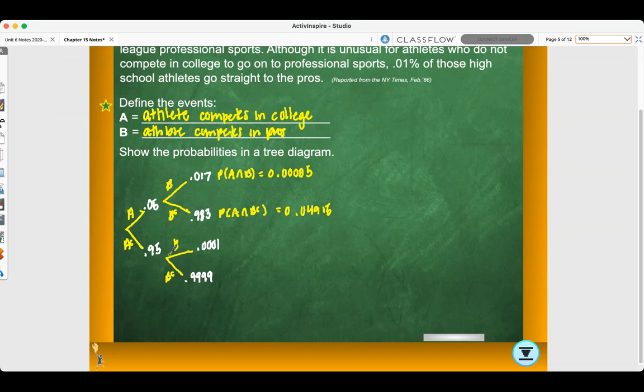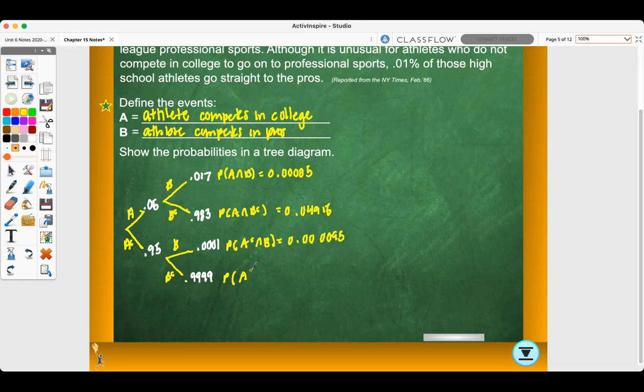The probability of only pros, which would be A complement intersect B, which would be 0.000095. And the probability of no college and no pros, which is a lot of the population, would be A complement intersect B complement, which would be 0.949905.